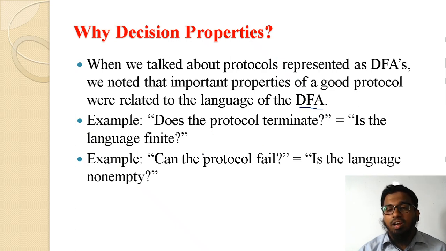Is the language finite? When you ask the question, it is taking the decision. If finite, then it will complete. Can the protocol fail? Is the language non-empty? When you ask the question, based on the decision property, it will give you the answer.